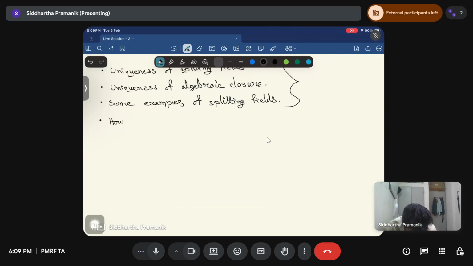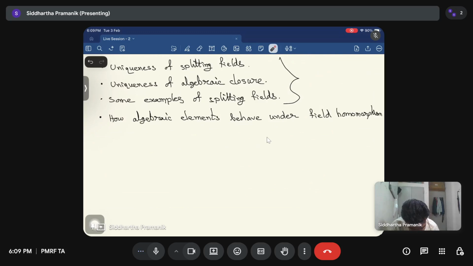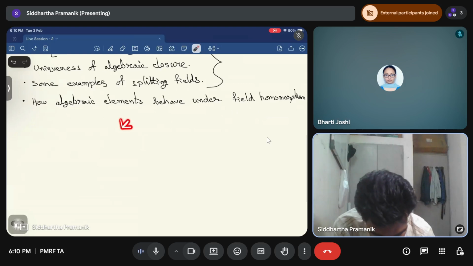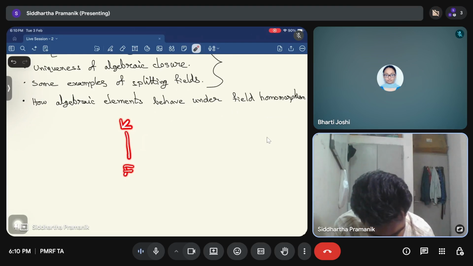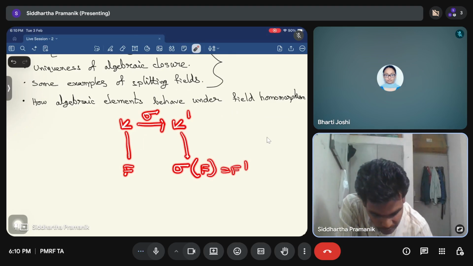Basically, suppose you have a field extension K over F, and a field homomorphism sigma from K to K prime, and suppose the image of F under sigma is F prime, so K prime over F prime is a field extension.